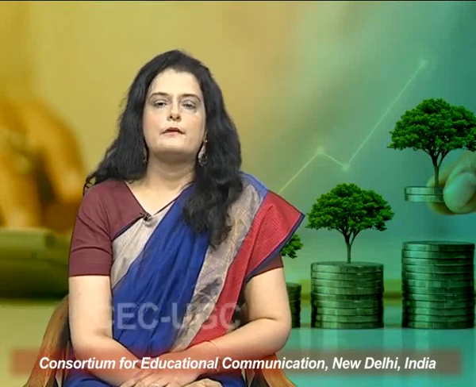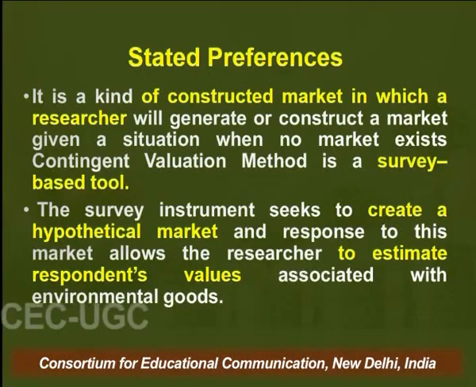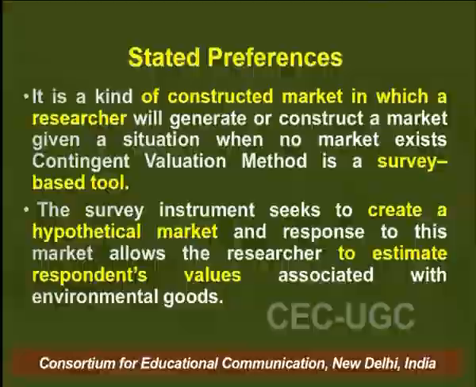So these are fake, but they try to infer the choices of the people. This was all about the stated preference market. They are also called laboratory experimental markets, and the surveys are conducted on sample selections, which could be random and non-random.